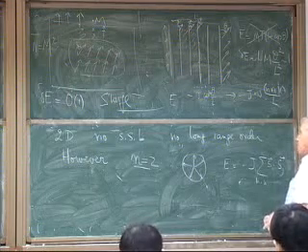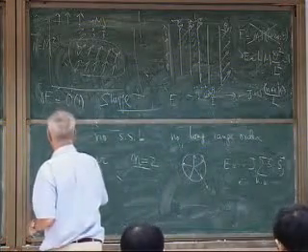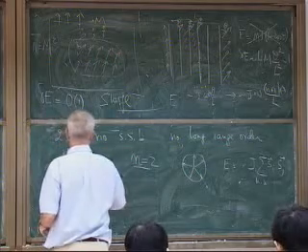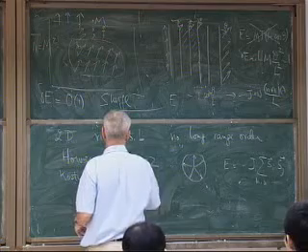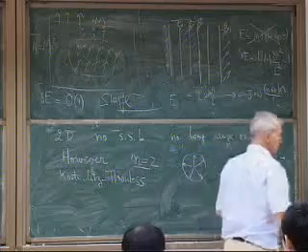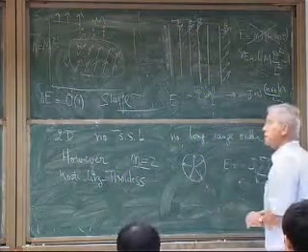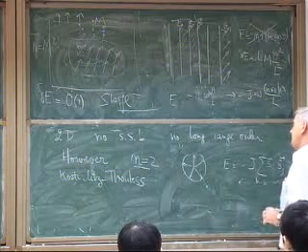This model has been solved by Kosterlitz and Thouless. Beautiful solution that comes from the renormalization group that you have seen but that we will see again.